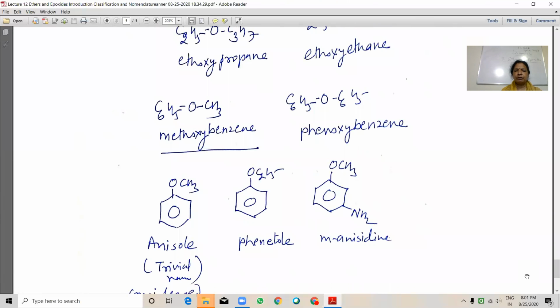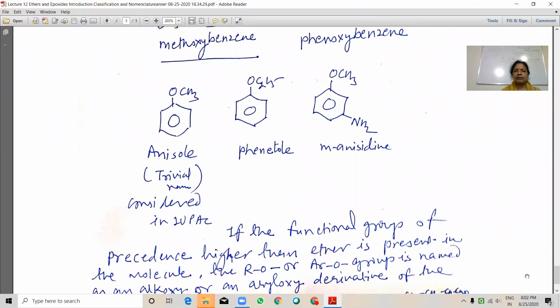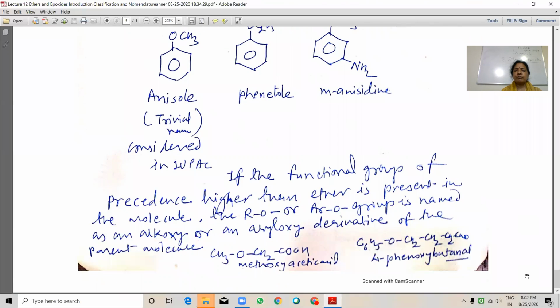Certain molecules like anisole, phenetole, meta-anisidine, these molecules are accepted by IUPAC. If a functional group of precedence higher than ether is present in the molecule, the alkoxy or aryloxy group is named as an alkoxy or an aryloxy derivative of the parent molecule.